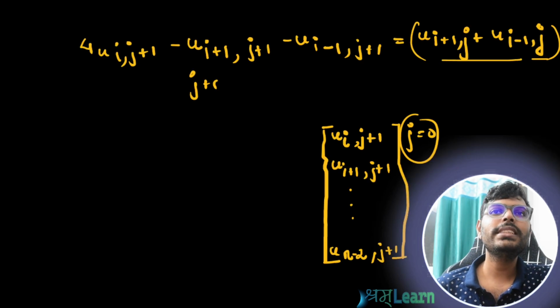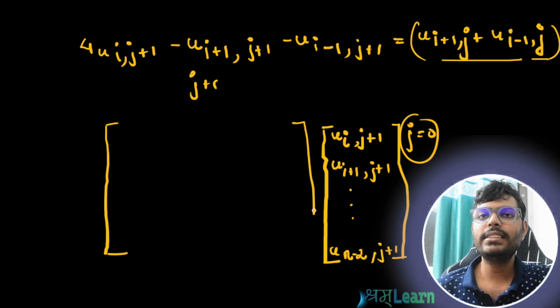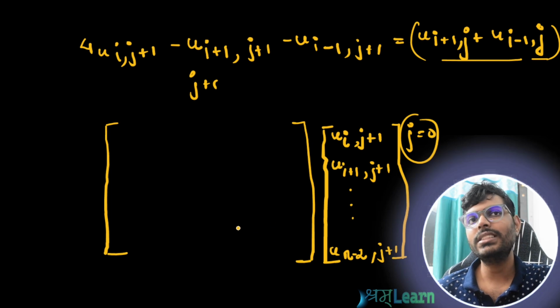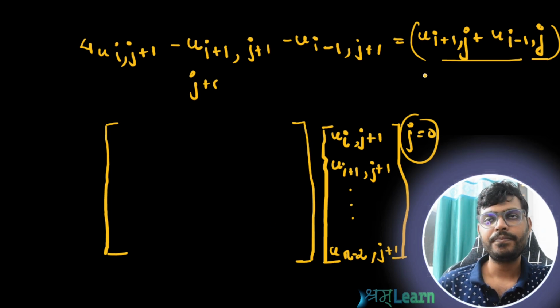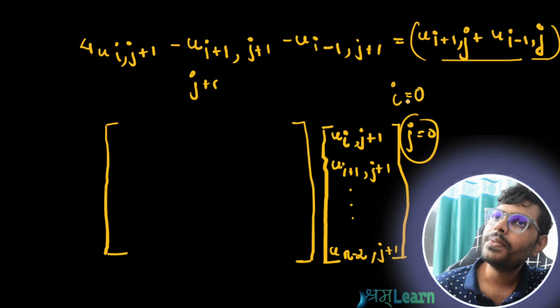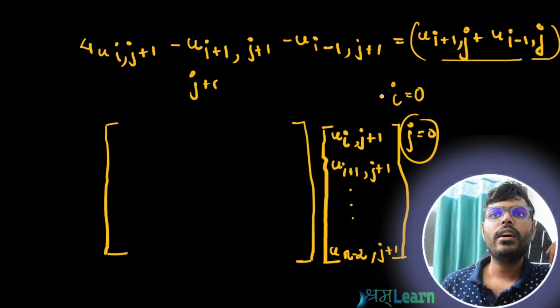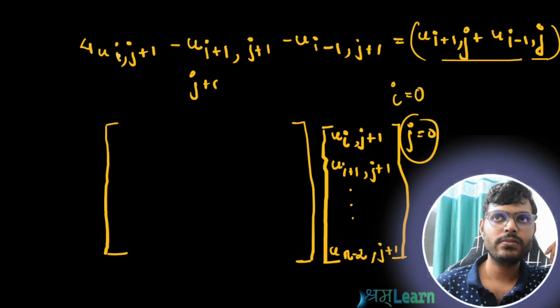So in the process of writing all these points in terms of these points, we have a system of equations, not a single equation. We have a system of equations where for i, let's say I will start with i is equal to 0. Okay, or I can start with i is equal to 1 as well.